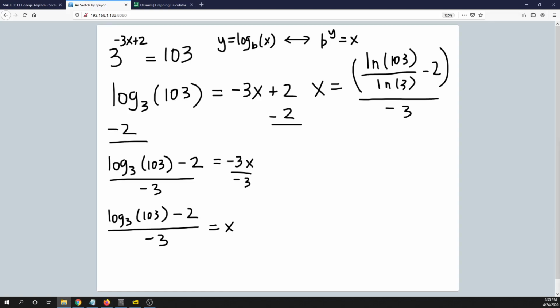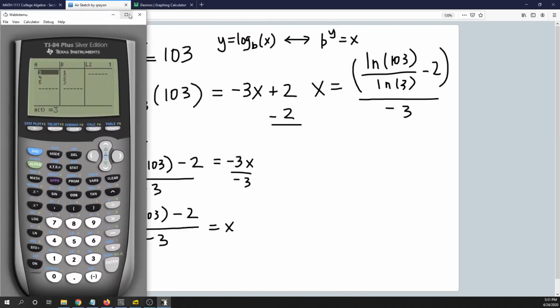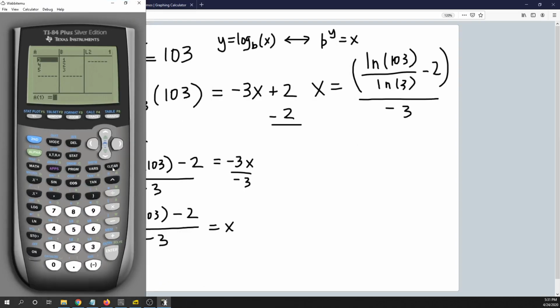Let's see if I can pull that up so you can see how it's punched in. Your calculator might not be the same as mine, but at least you can get an idea.